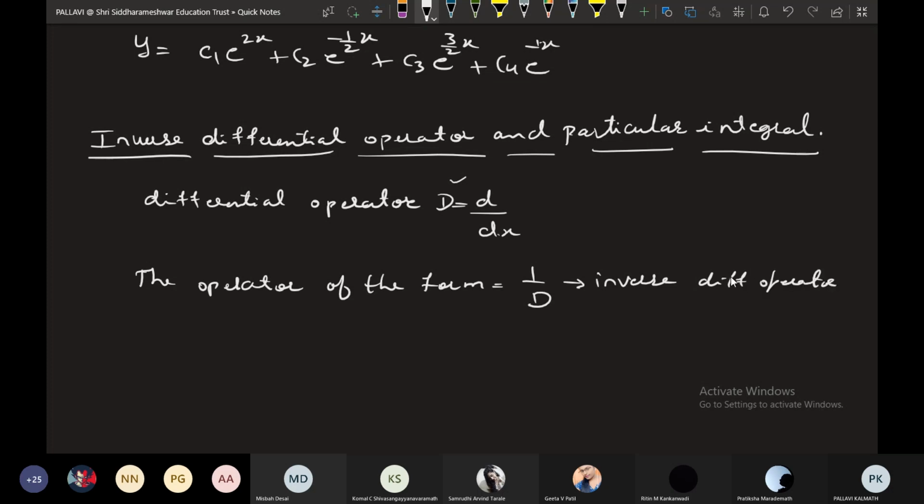Actually, if D is taken as d by dx, and you have the function y, it is the derivative of y with respect to x. So what will be 1 by D?